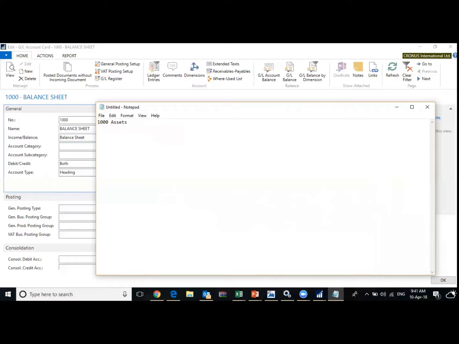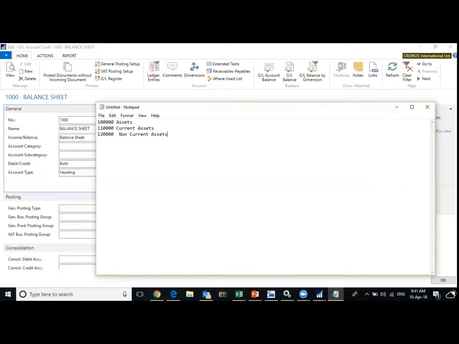Then I have 1100, or let me just give it some more units just to make sure that we have enough room. So you have your current assets, you have your 1200, you have your non-current assets. Okay, so these are the categories in assets.